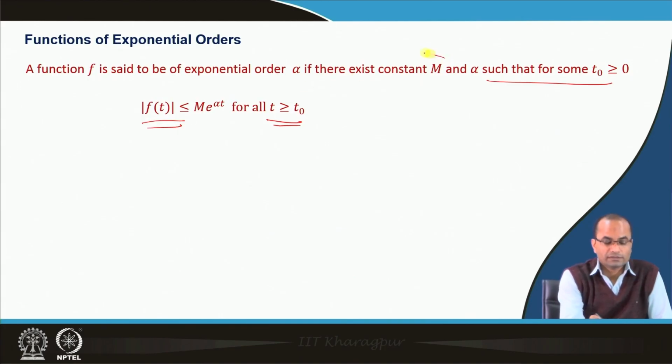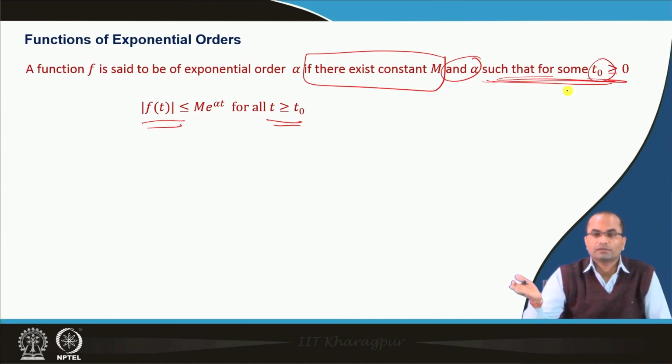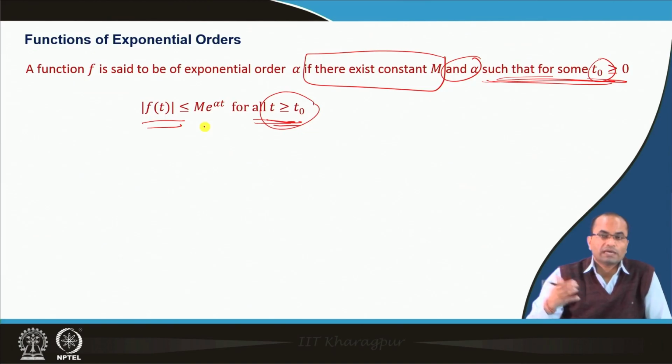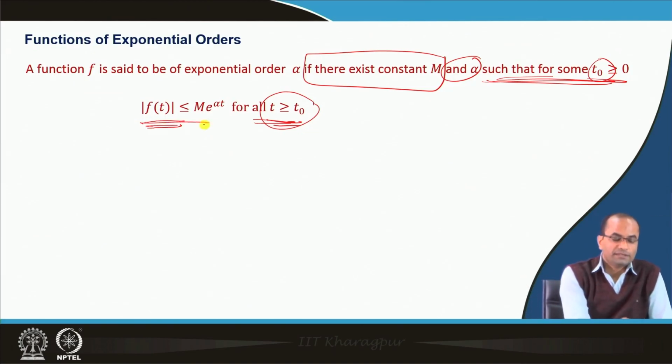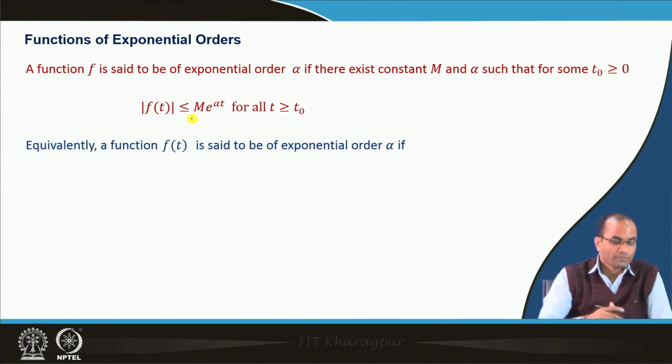So, there exist constants M and alpha such that, for some t naught, which could be a large number, there is no problem, but there should exist a t naught so that for all t from that point onward, f(t) is bounded by the exponential function. In other words, there is an equivalent definition, which is rather used for testing whether a function is of exponential order or not.